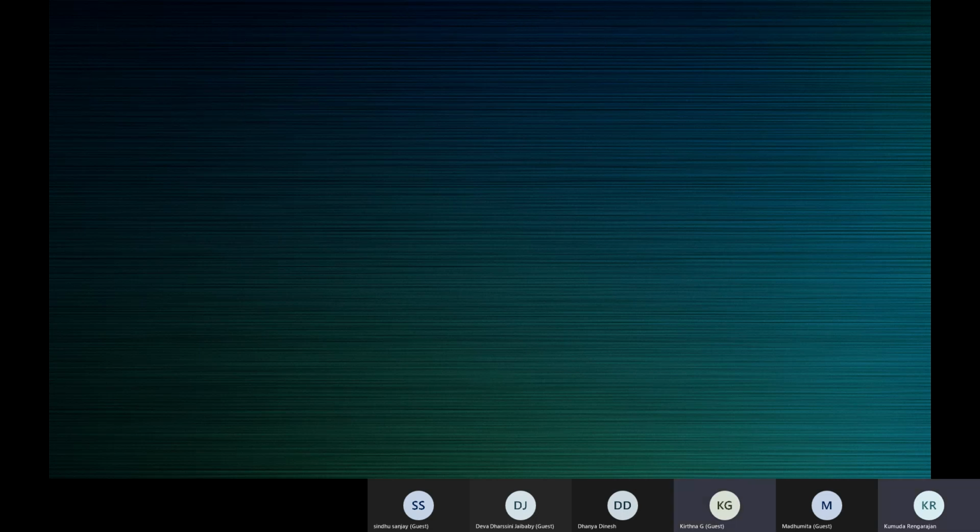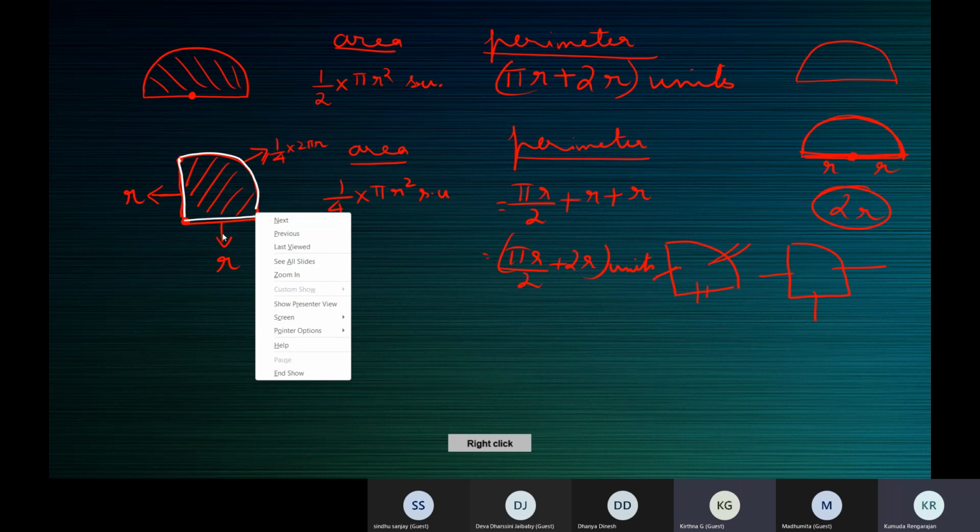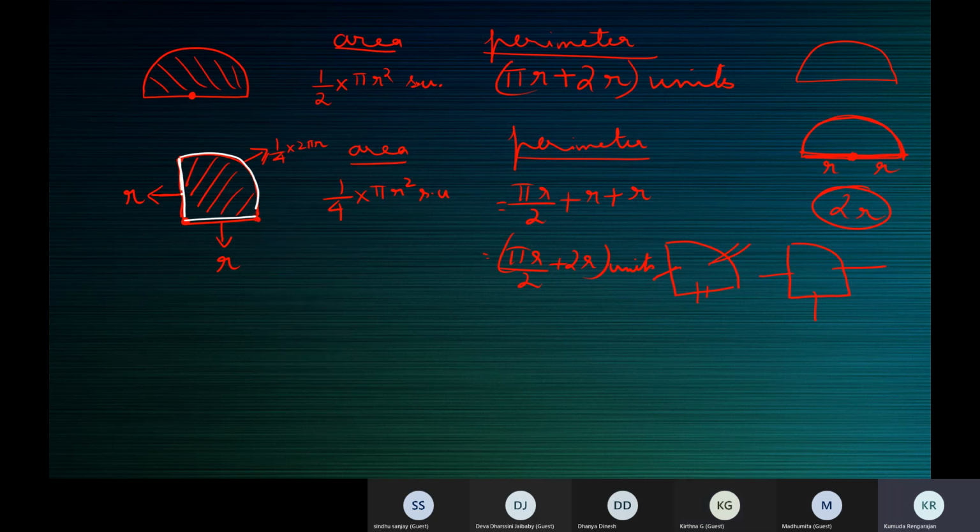No, see, I'll tell you how I explained this one. I said this figure is made up of 3 pieces: one line segment here, another line segment here, and an arc.